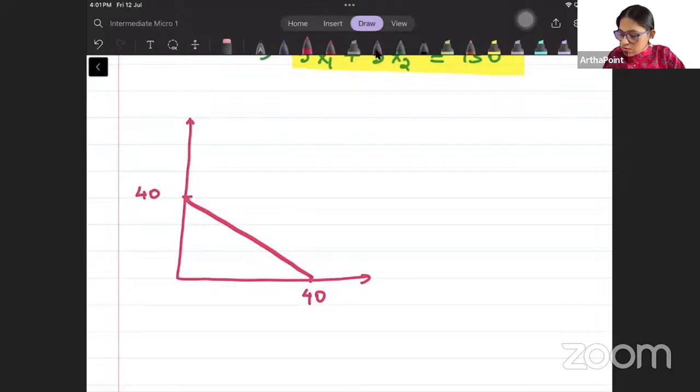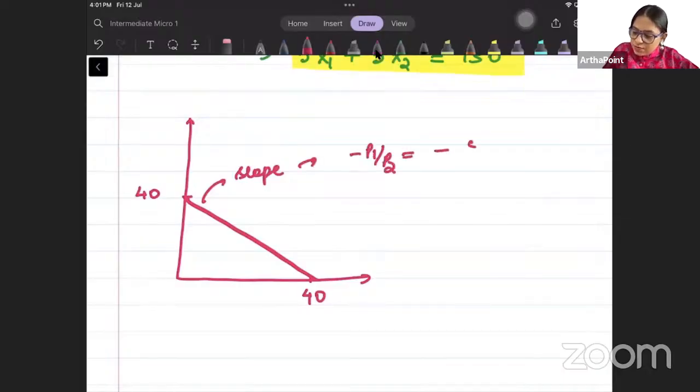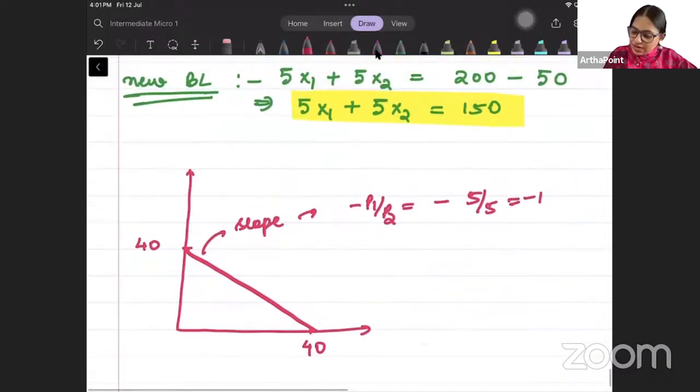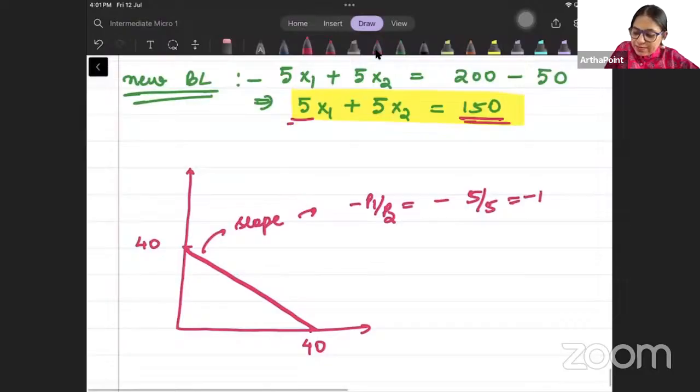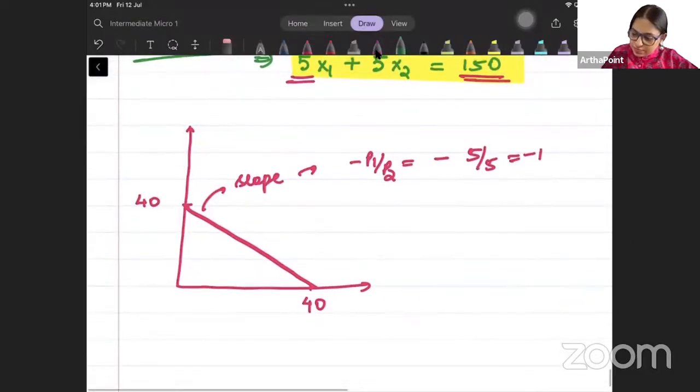Join this. What's the slope, beta? P1 by P2, 5 by 5, 1. Make the new budget line, beta. 150 divided by 5, 30. 150 divided by 5, 30.